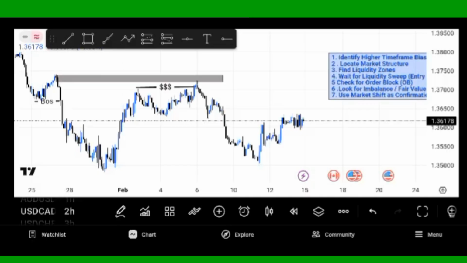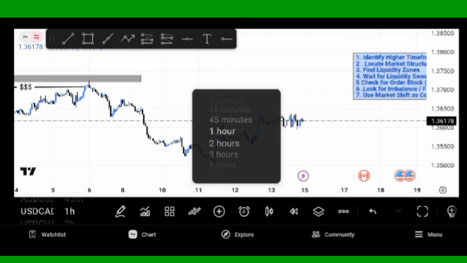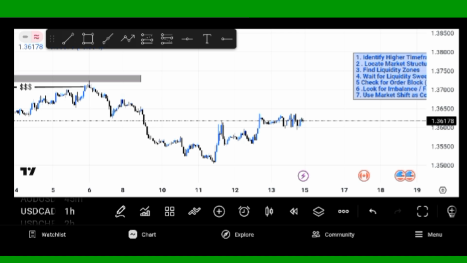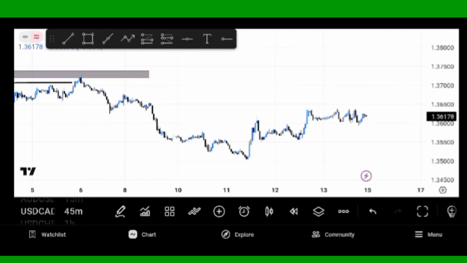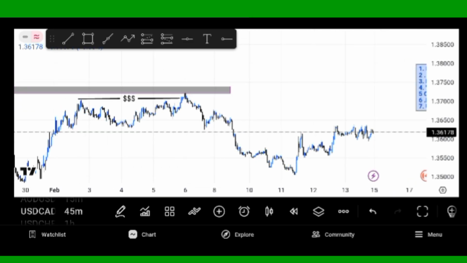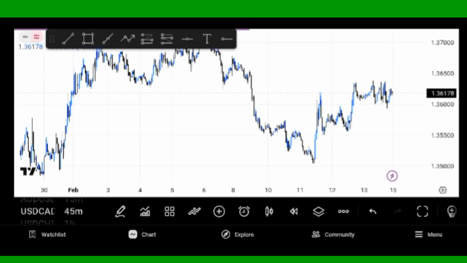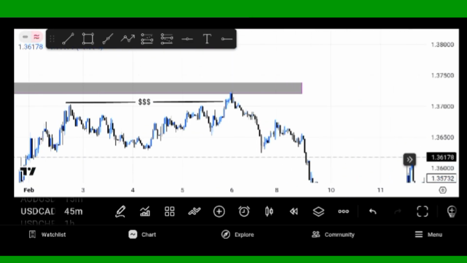After seeing the liquidity sweep, order block, FVG and imbalance, don't just enter the market. Go to a lower time frame to find a market shift. Sometimes the market will not do a market shift, and you can take an aggressive entry. Let us go to 45 minutes or 15 minutes, which I prefer.